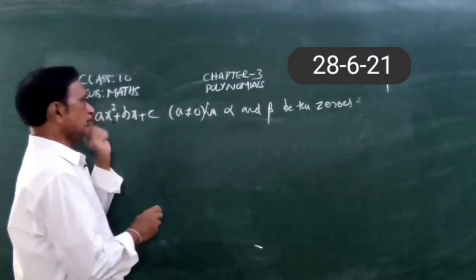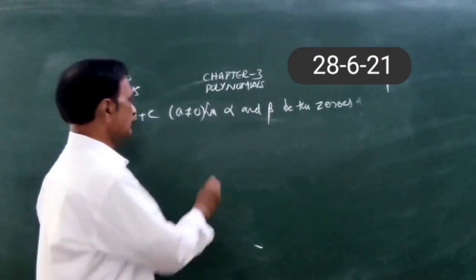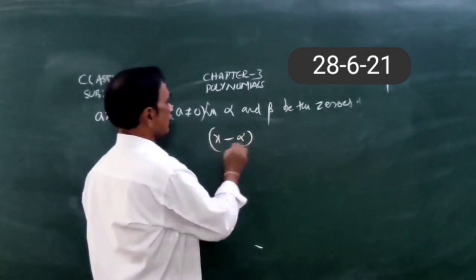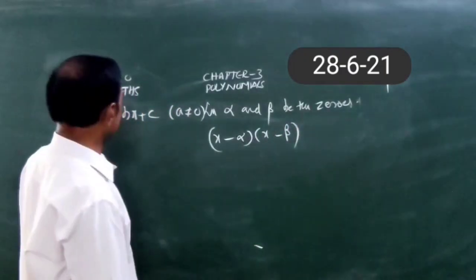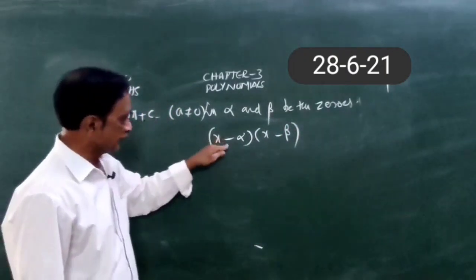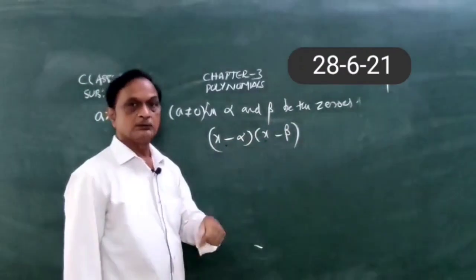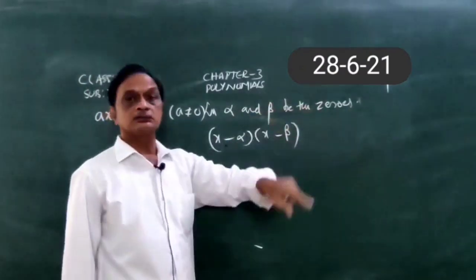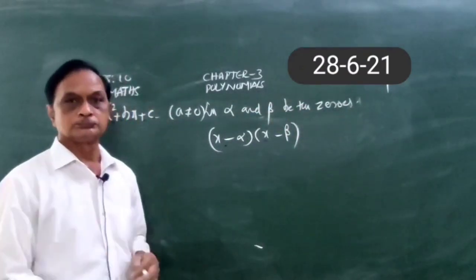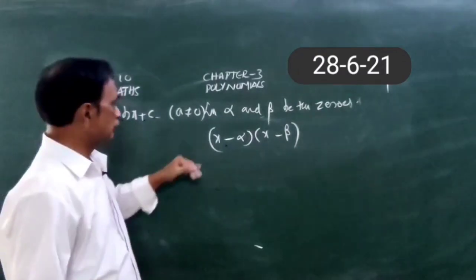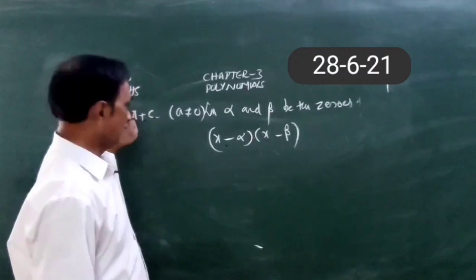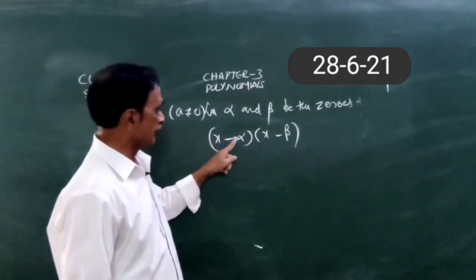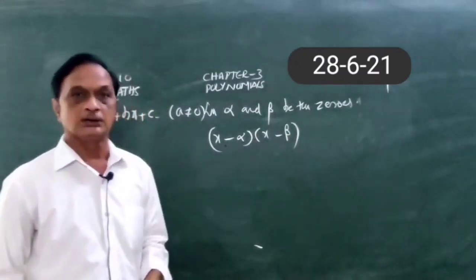Then the factors of this polynomial are x minus alpha and x minus beta. Why? As alpha and beta are the zeros of the quadratic polynomial assumed. So we assume that alpha and beta are the zeros, then this has factors x minus alpha into x minus beta.